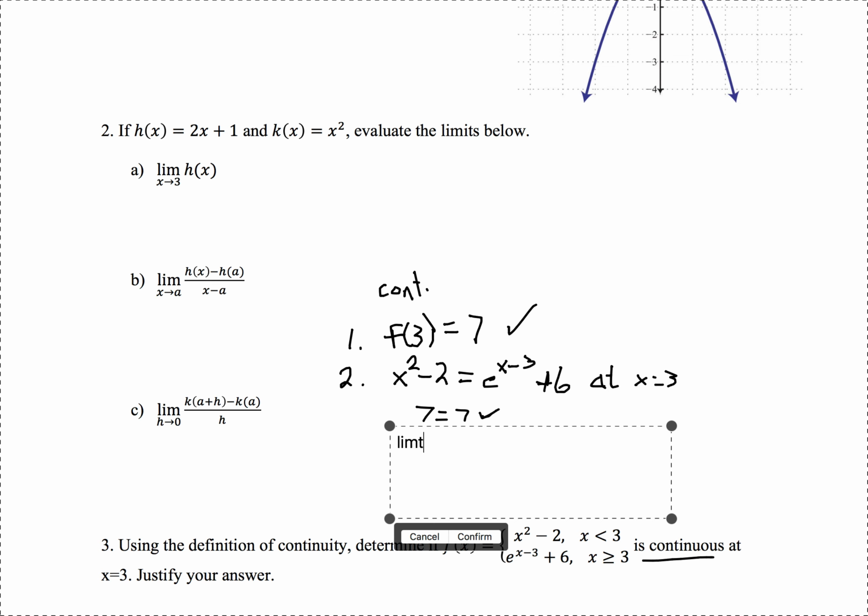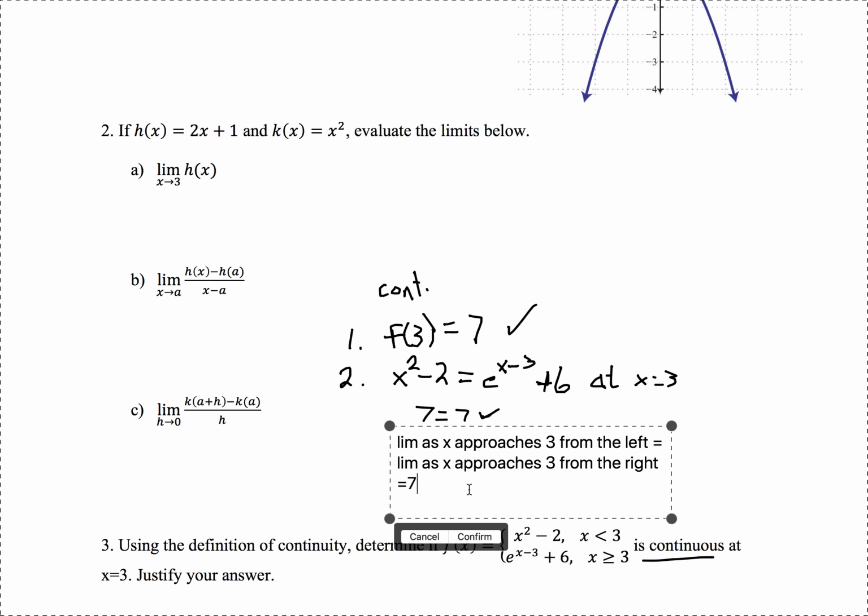We would say that the limit as x approaches 3 from the left equals the limit as x approaches 3 from the right, which equals 7. We just write that out in limit notation.